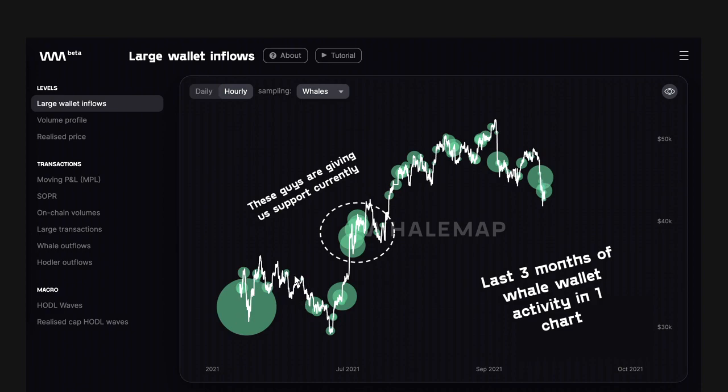We can see they were buying in this 30,000 area, quite large here. The bigger the circles, the more Bitcoin. And we saw they bought the run up here also. We can see they are currently buying this dip. So it is another sign that entities with a lot of money are still buying Bitcoin in large amounts here, and I don't think they think the bull run's over either.